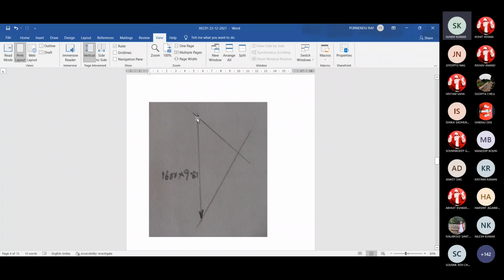And this is the force developed in that member or rope or string, whatever it may be. That force will be SCA, proportional to this length, and the scale with which you have drawn this line to represent this 16 kilonewton, we use that scale, and accordingly we find the value of the force in the member CB and value of the force in the member CA.